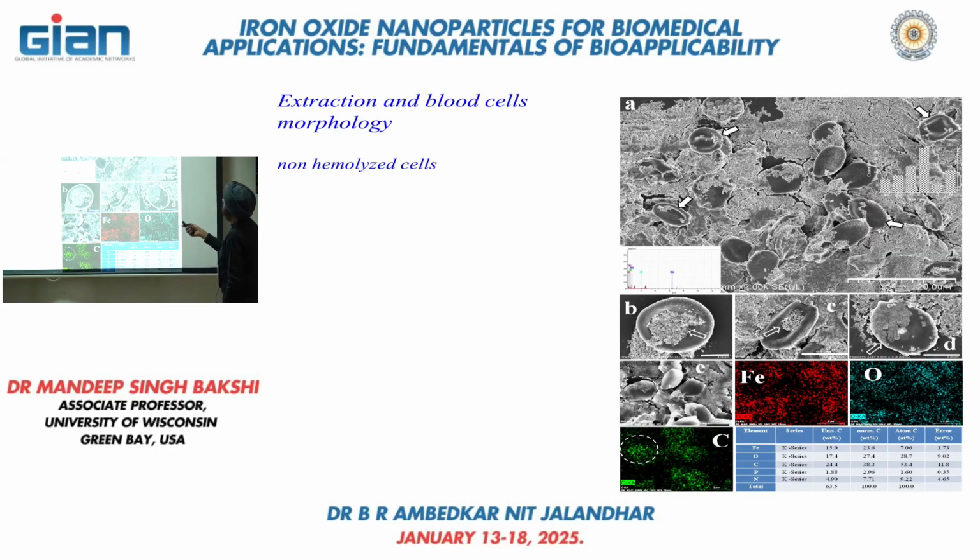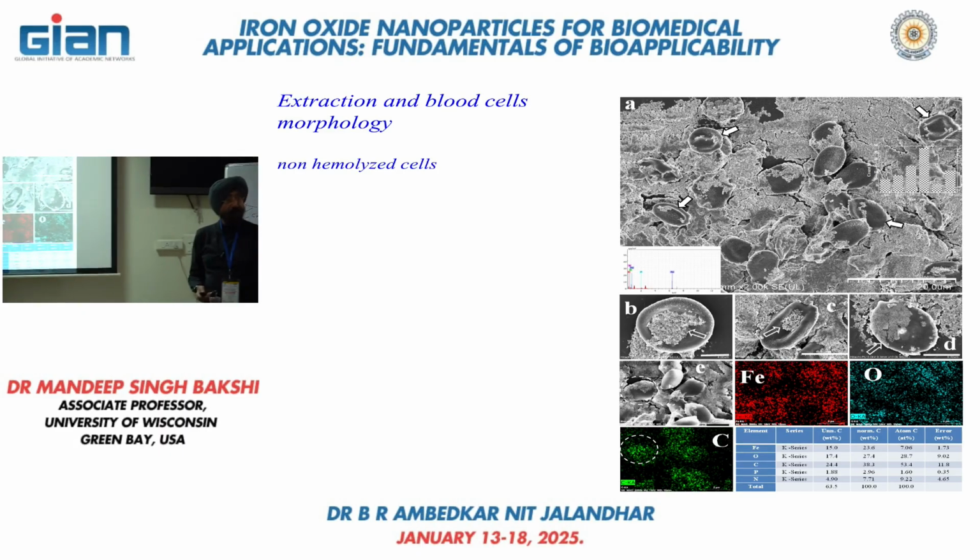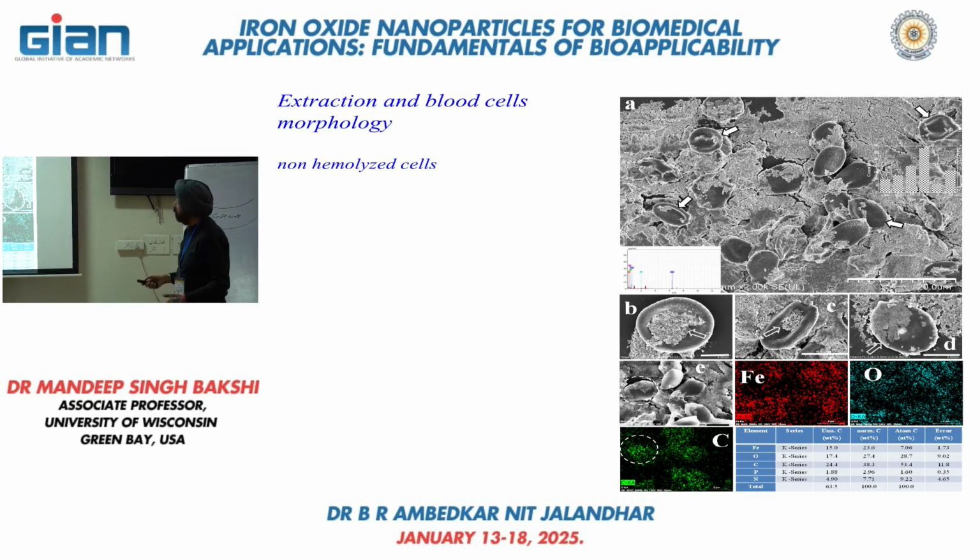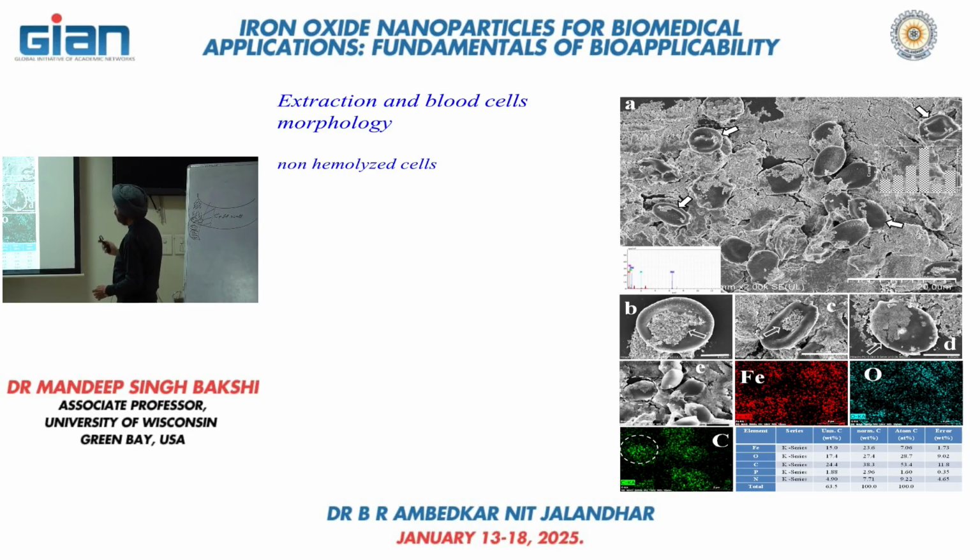Now, you see the disc shape, all these blood cells are intact. They are in their natural shape and structure. No alteration in the structure of these blood cells. So extraction and blood cell morphology. So here, non-humanized cell.